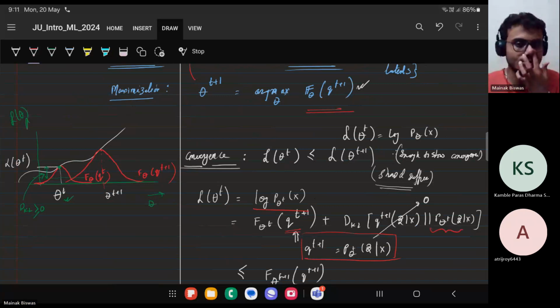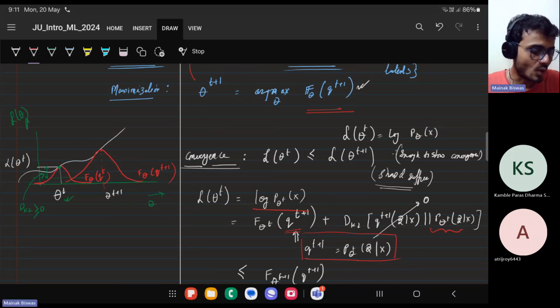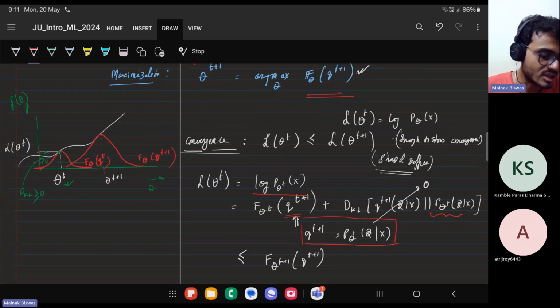The entire KL divergence goes down to 0. That is equal to the ELBO. Yes. Now I'm asking why it is lesser than f theta t plus 1 of q t plus 1. Why is the ELBO evaluated at the t plus 1th parameter always bound to be greater than the one evaluated at the t-th parameter?